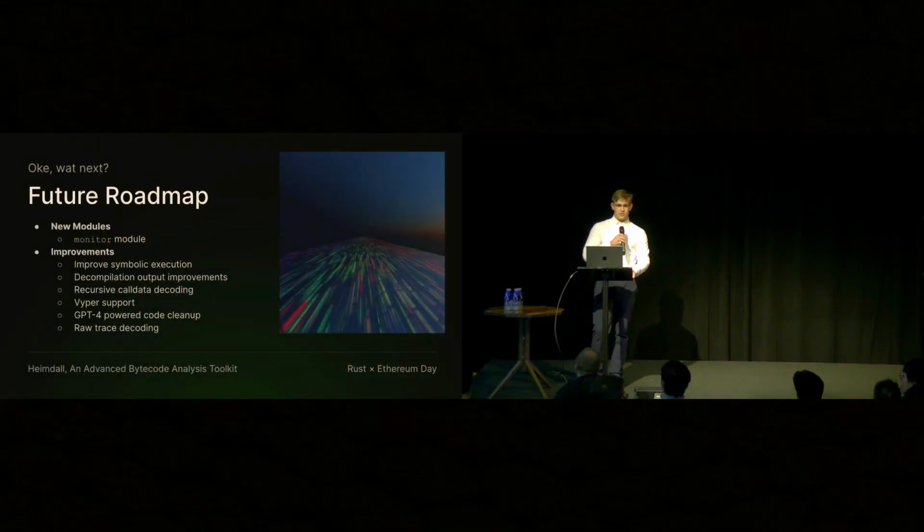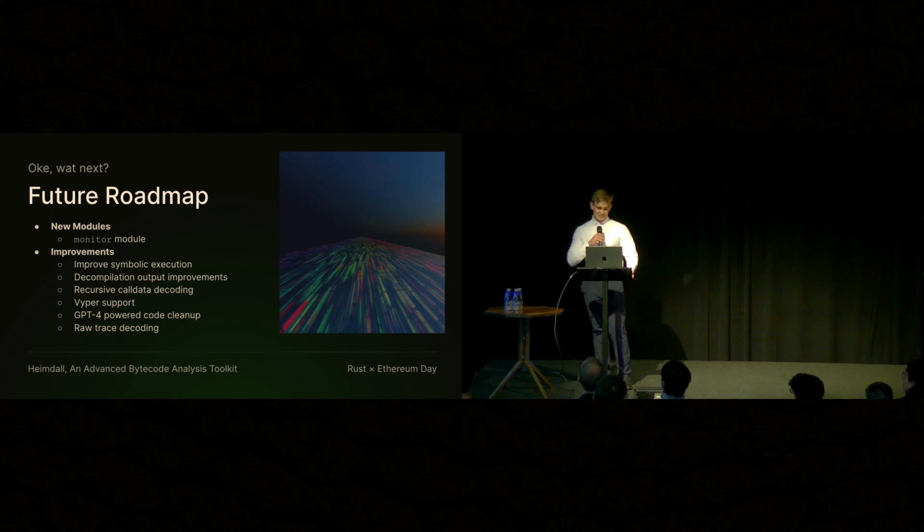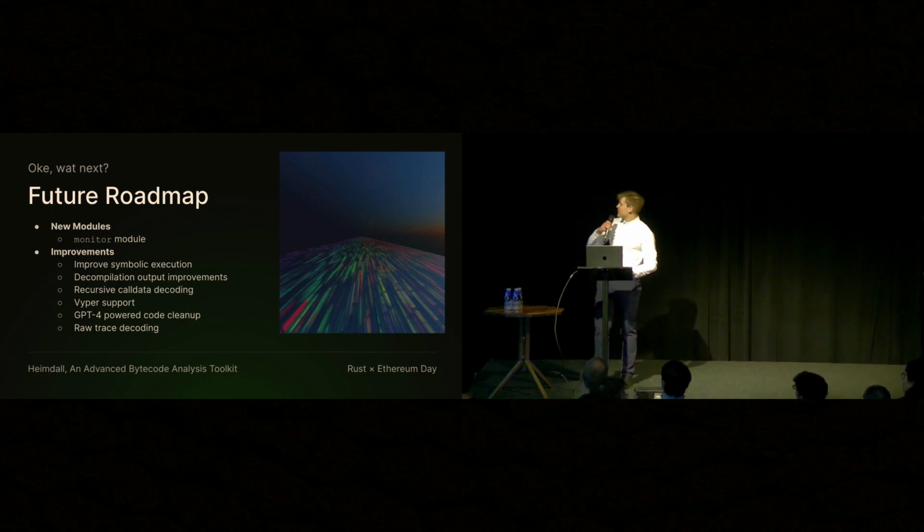Recursive call data decoding, like multi-call. Vyper support is also going to be rough because it's different. And then GPT-4 powered code cleanup is kind of on the back burner because AI is not deterministic, and I don't like that. And then raw trace decoding will also be added eventually.